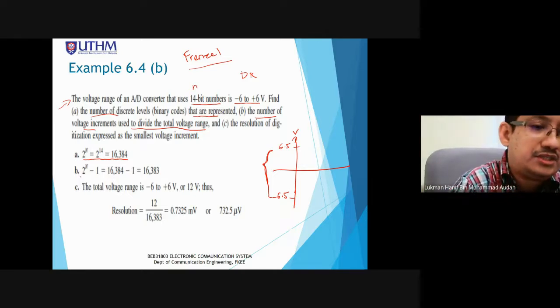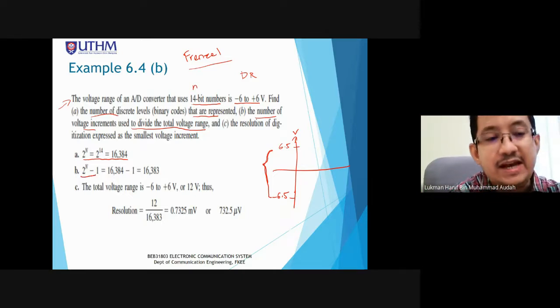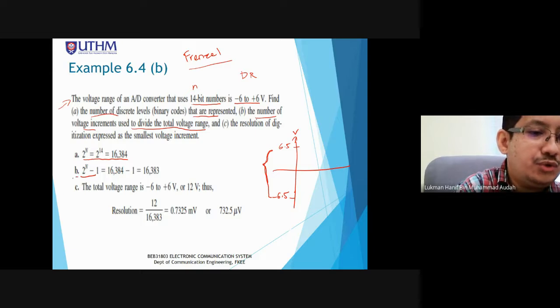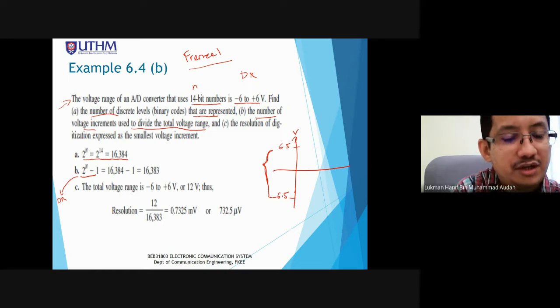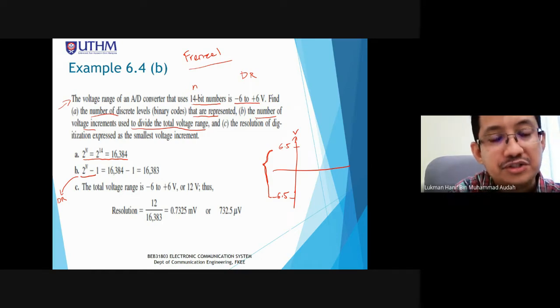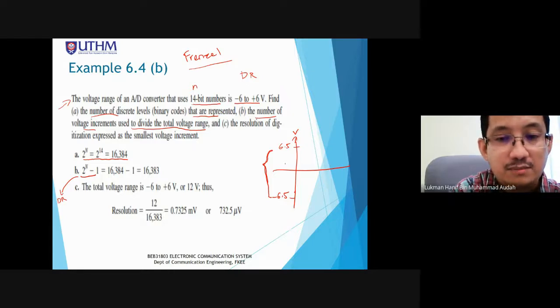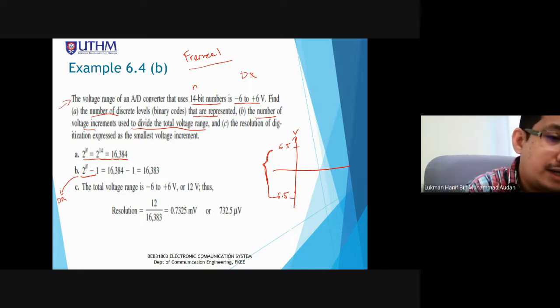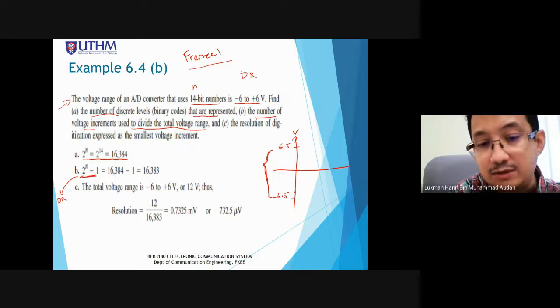So this is equal to 2 power of N minus 1. This is also known as the dynamic range. Nanti kita akan lihat. The number of levels that we use to divide the voltage, the number of level yang kita gunakan untuk membahagikan jumlah voltage yang sepatutnya untuk setiap level, itu perlulah 2 kuasa N tolak 1 untuk mengasingkan 0 volt.